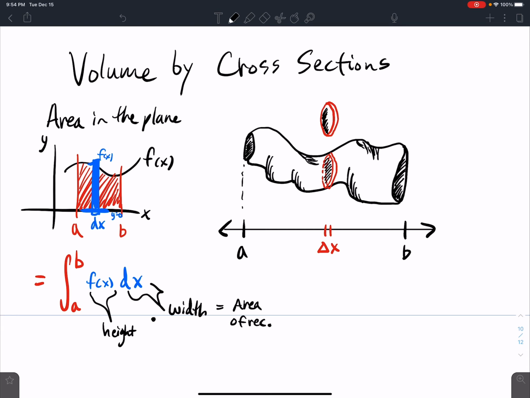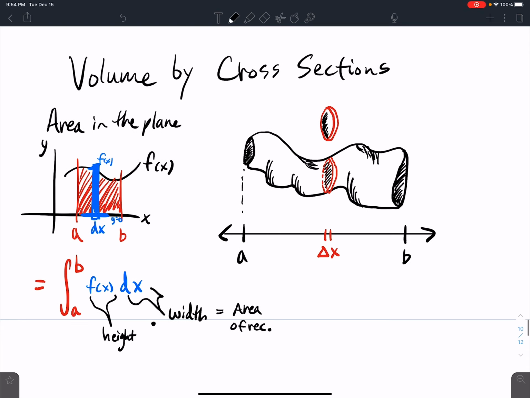A little cylinder with delta x width. And the trick here is to cut the shape into small slices that are perpendicular to the axis that you're integrating with respect to. So you notice that this slice here is perpendicular, that's a 90-degree angle, with the axis, we're using this x-axis here, that we're integrating with respect to.